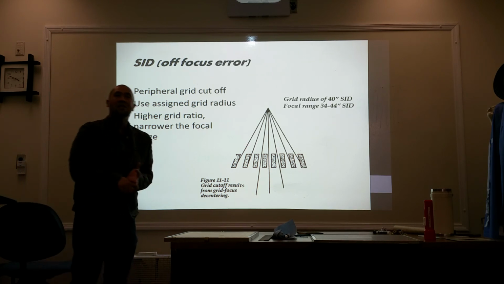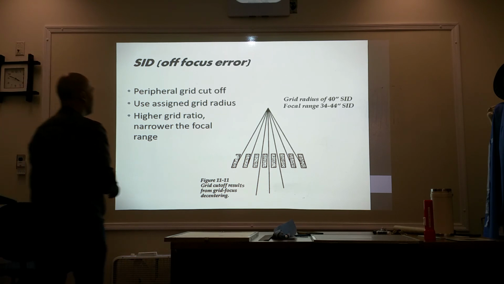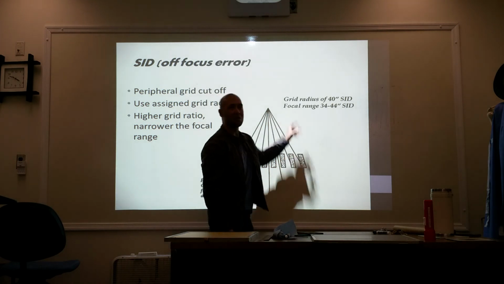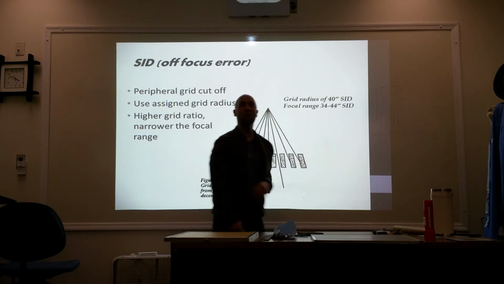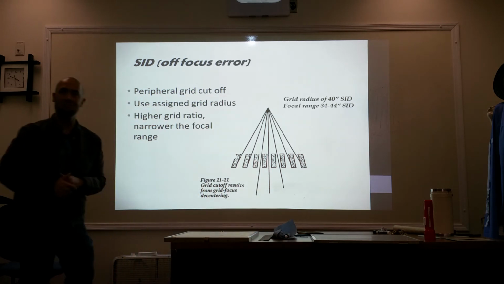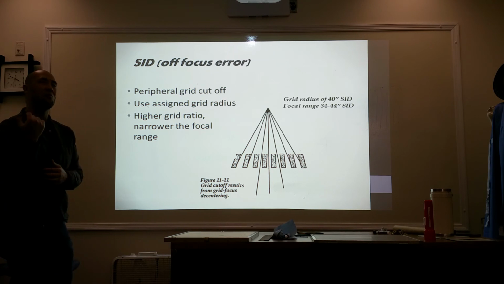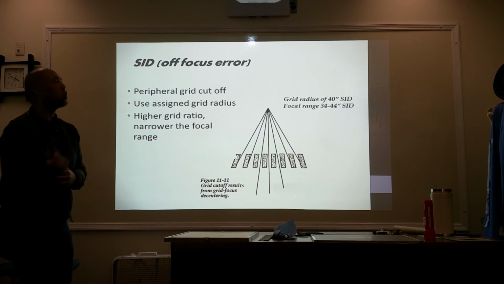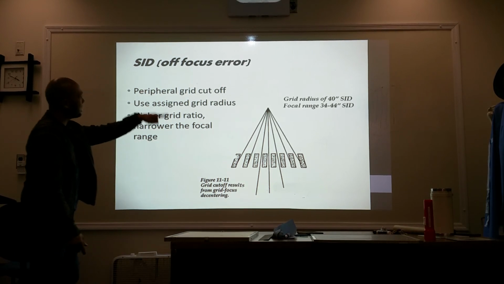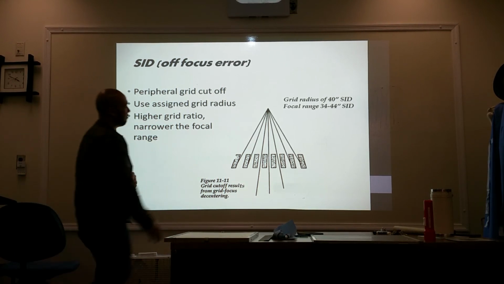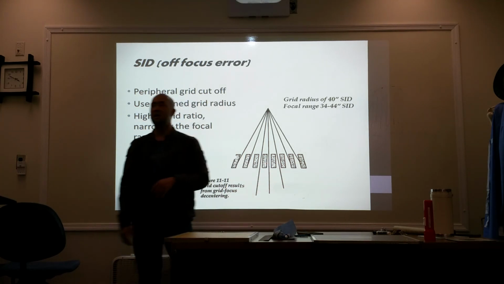Okay? So what is my range of error? What is my margin of error? Well, this is where your focal range comes in. They'll say, okay, if you can't get 40, as long as you're between 34 and 44, you should be fine. If you have anything less than 34 or greater than 44, you're going to have what? Grid cutoff. Grid cutoff, okay? And with this type of error, with your SID error, you're going to have peripheral grid cutoff. So you're going to have loss of density on the periphery of your image.